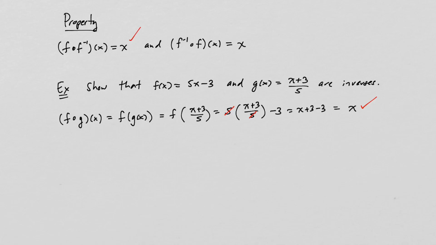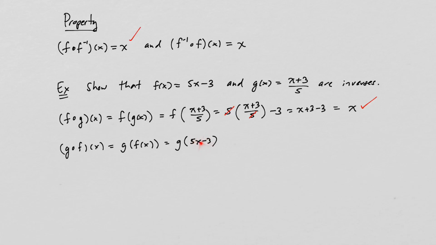But to be inverses, this also needs to be true. So if I reverse the composition, I have to get the same thing. So next I need to check to make sure that g of f of x is also equal to x. And so to do this, we're going to plug the function f of x into g of x, and f of x is 5x minus 3.